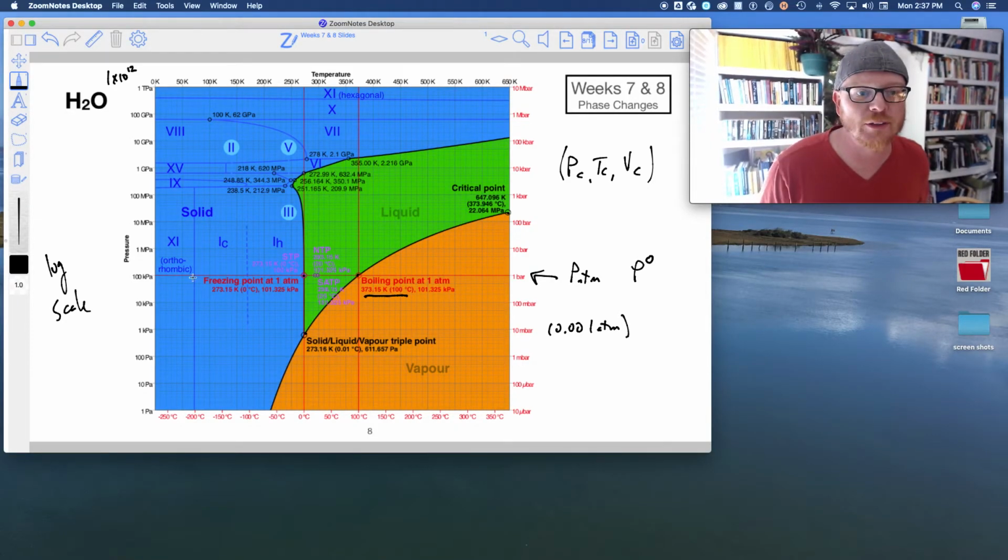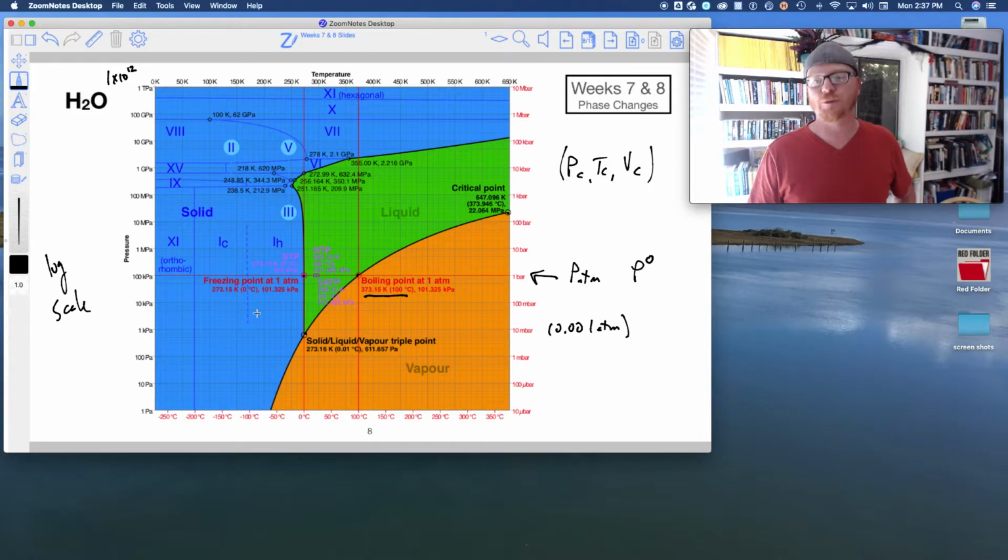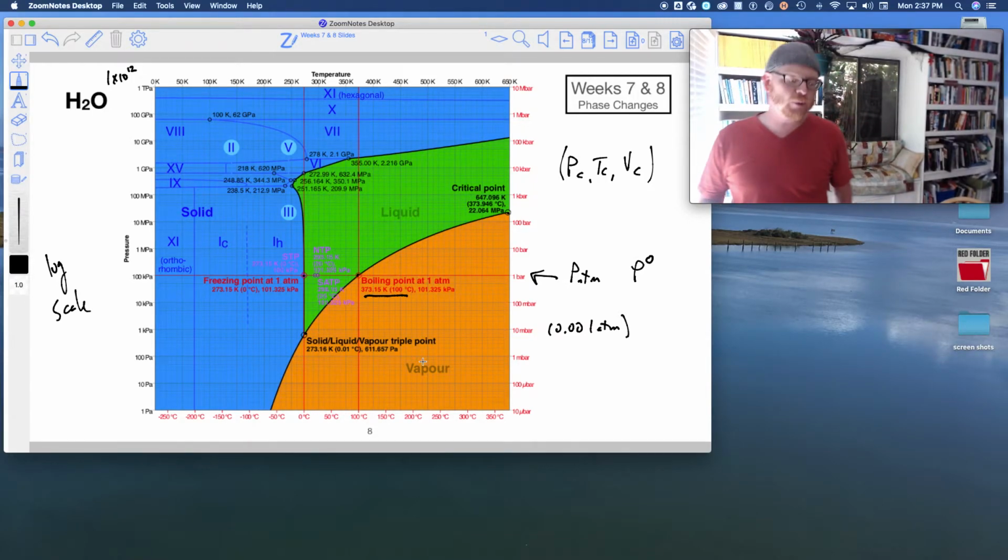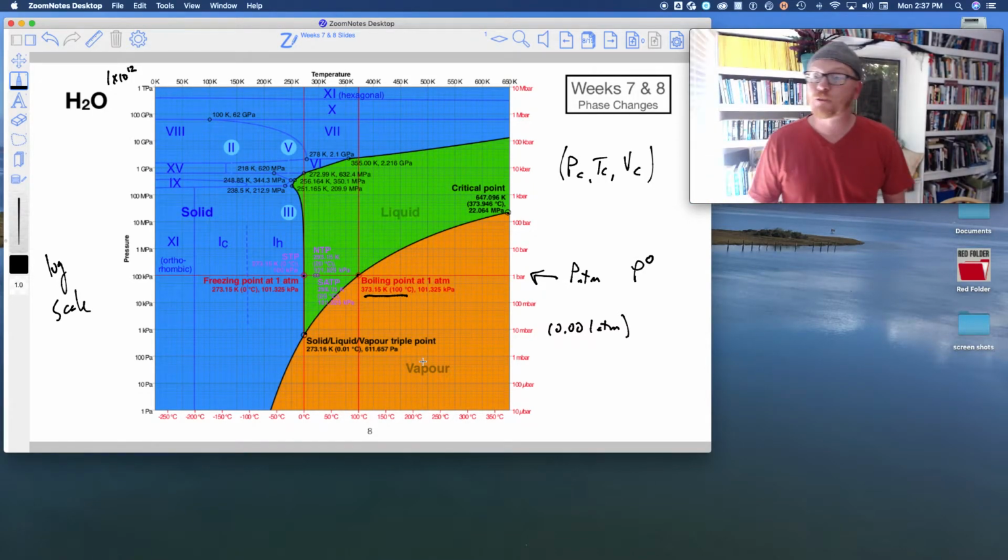So I'm not going to go into all of these details, all these different crystal structures, but we will talk about those types of phase diagrams soon. So in other words, our normal phase equilibria, our solid to vapor, or our liquid to vapor, or our solid to liquid, that's what I'm going to start calling first order phase changes, okay?